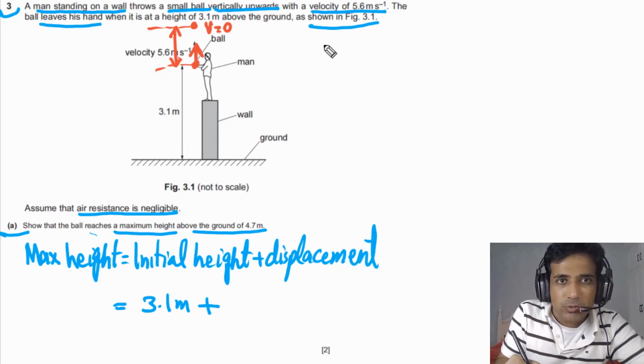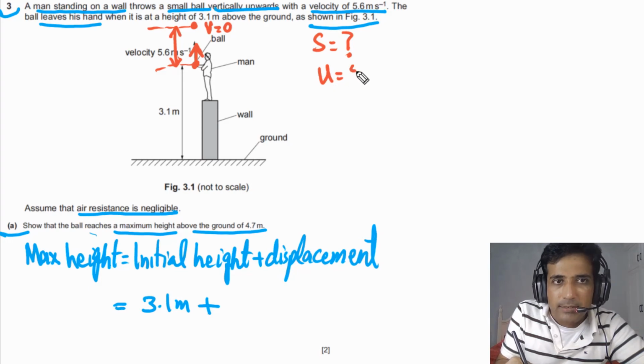Let's try to use equations and find out the displacement of this ball. Let's say the displacement of the ball is s, and we need to find the value of s. Initial velocity of the ball is given, that is equal to 5.6 meters per second, and the direction of initial velocity is vertically upwards.